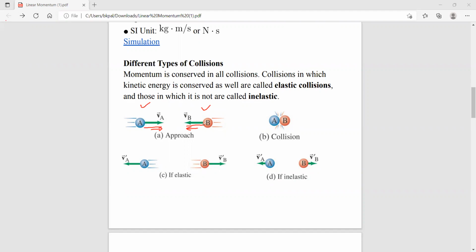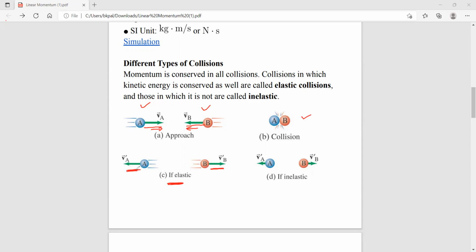That means the velocities are of the same order. So they collide. Now if the collision is elastic, you will see that the length is almost the same.